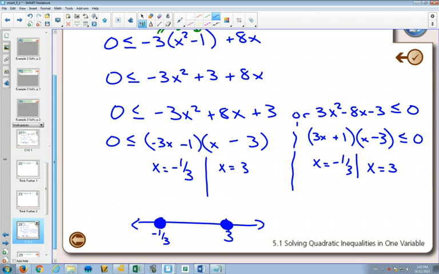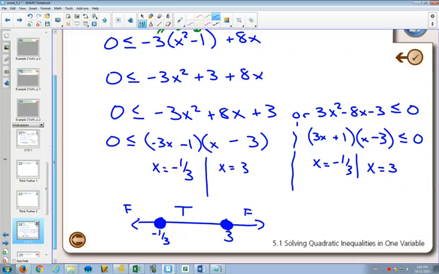So there are our 2 points. Now, depending on which one you used, if we used the one on the right, then our parabola is going up. So we imagine a parabola going up through those points. And we're looking for where is it less than or equal to 0. That would be true here, false here, and false here.